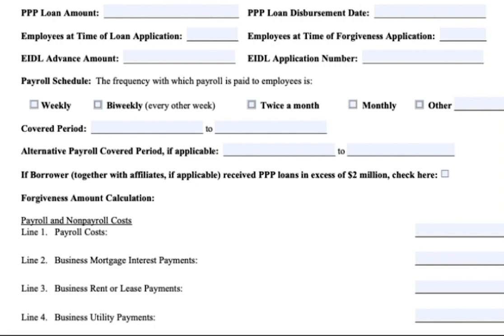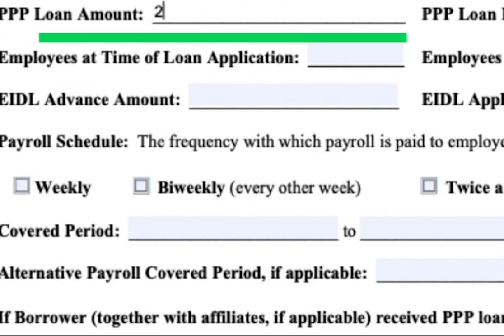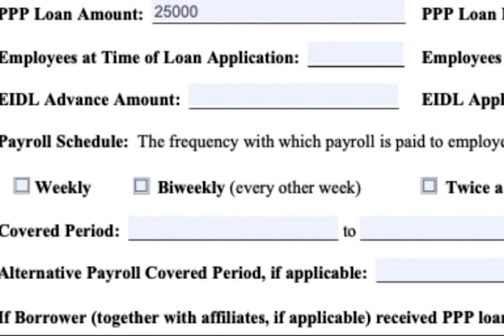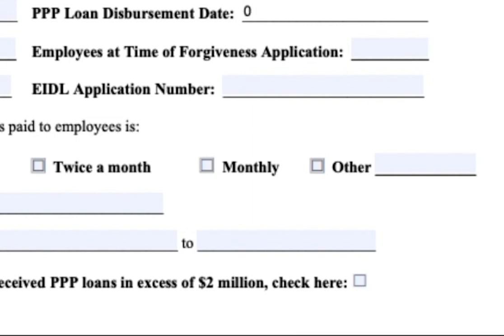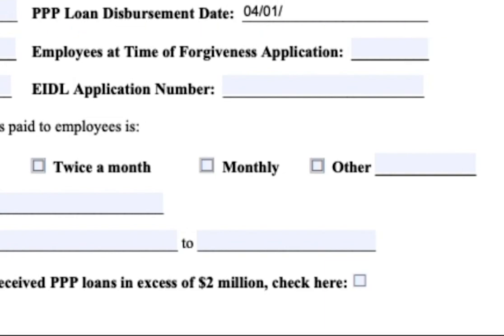So if you received $30,000, you should put the exact loan amount in that field. Annie Paycheck, she received exactly $25,000. And her loan was disbursed on April the 1st, 2020.